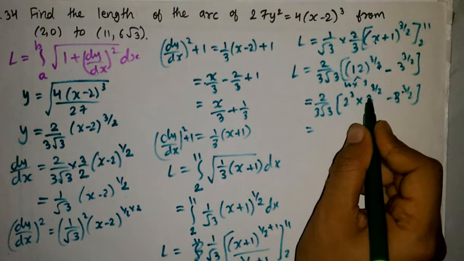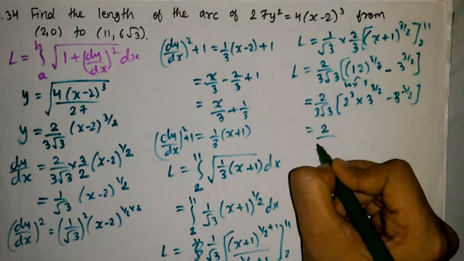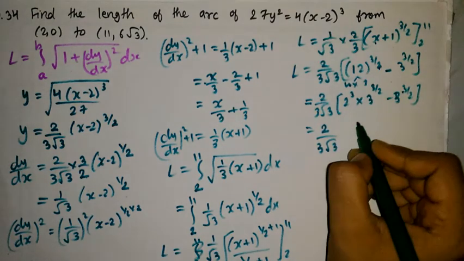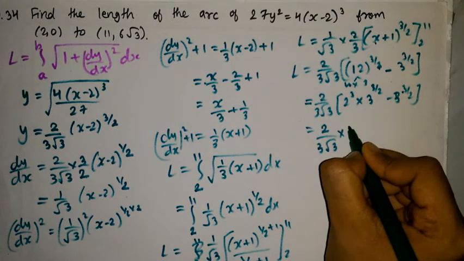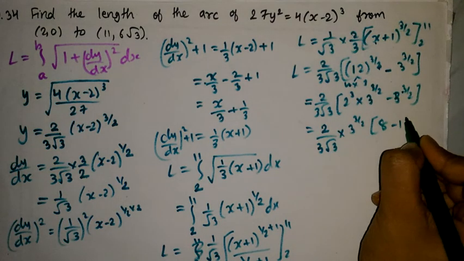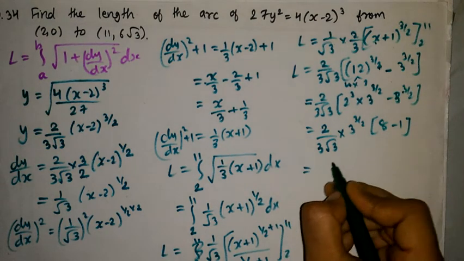Now let's take out 3 raised to 3 by 2 common. So 2 upon 3 root 3 into 3 raised to 3 by 2, and 2 cubed is 8. 8 minus 1 is 7.